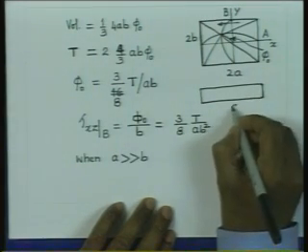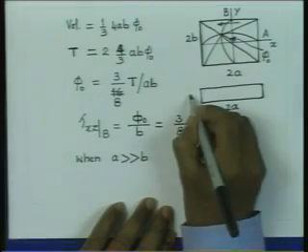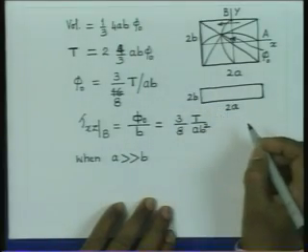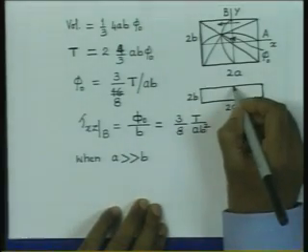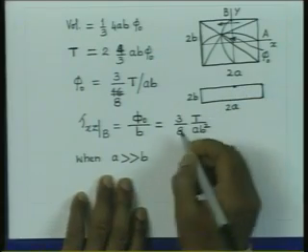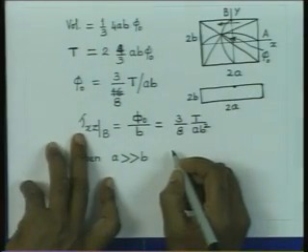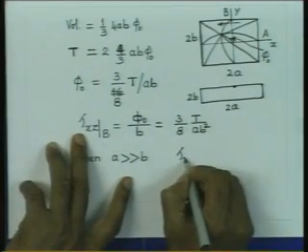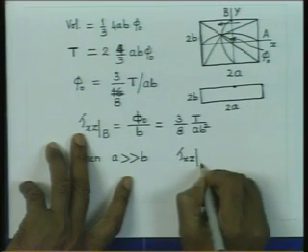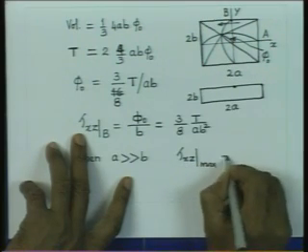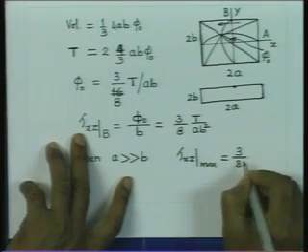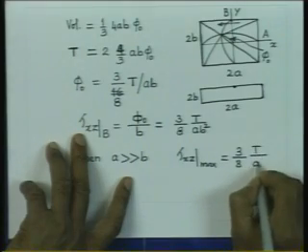So here A is very large compared to 2B, then you are going to get the maximum stress at this location, and this value tau xz maximum is equal to 3 by 8 T by AB square.